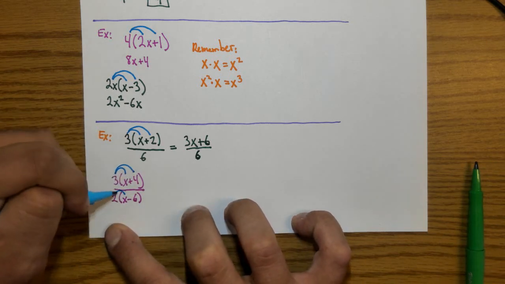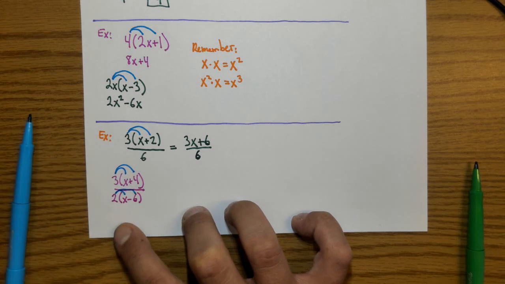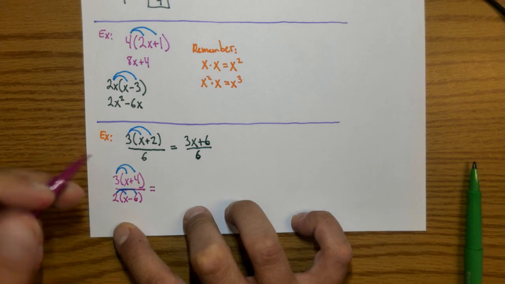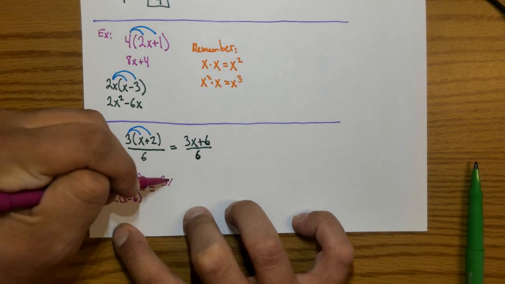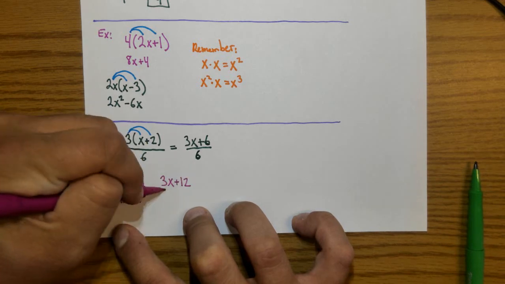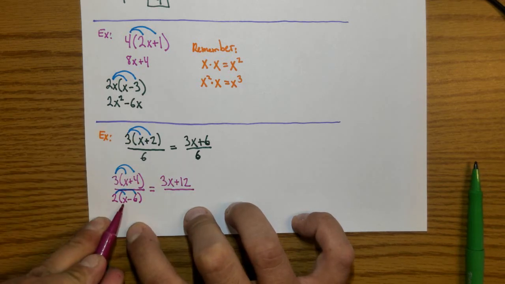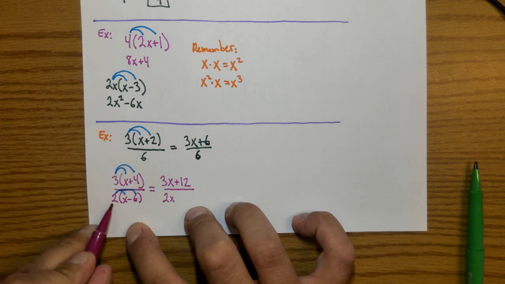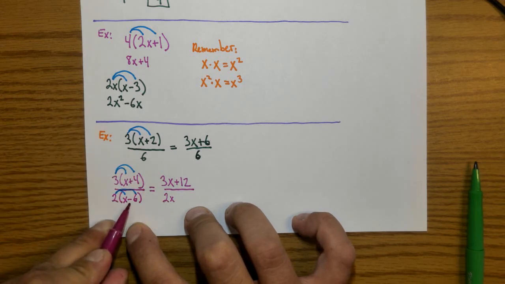So we're going to distribute the top, distribute the bottom. 3 times x is 3x. 3 times 4 is 12, so plus 12. And then down here, 2 times x is 2x. And 2 times negative 6, make sure you look at that negative out front.